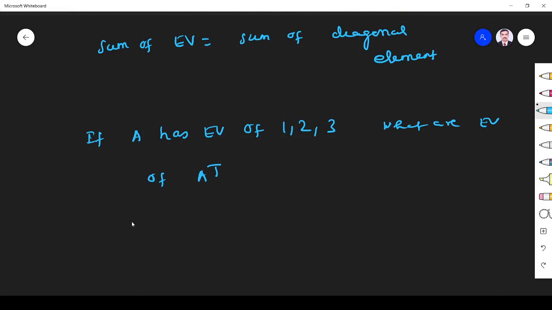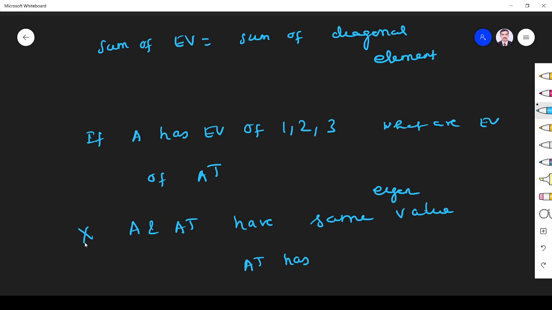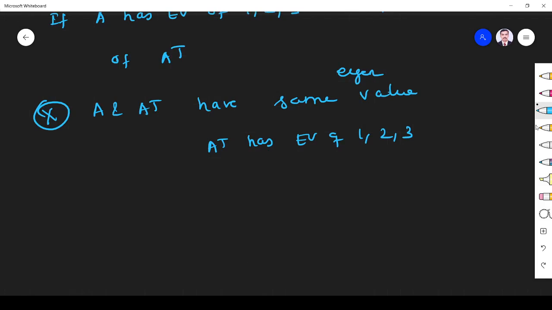We must know A and A transpose have the same eigenvalues. That is the important property. Right, same eigenvalues. So A transpose has eigenvalues again 1, 2, 3. This is the shortcut we must remember, a property of eigenvalues.